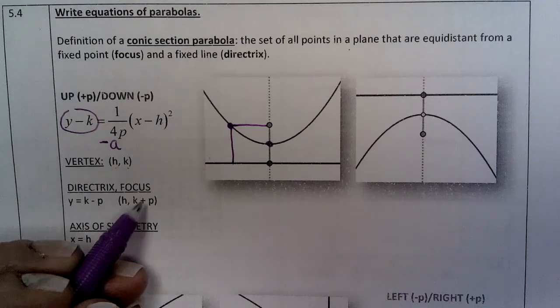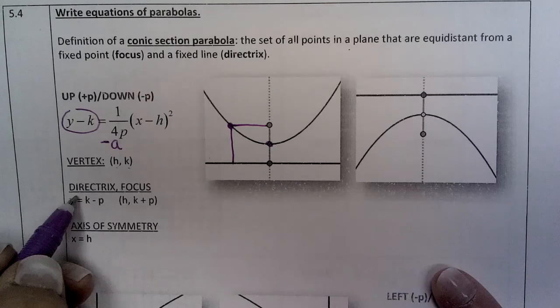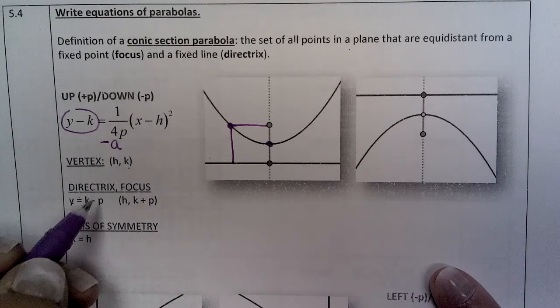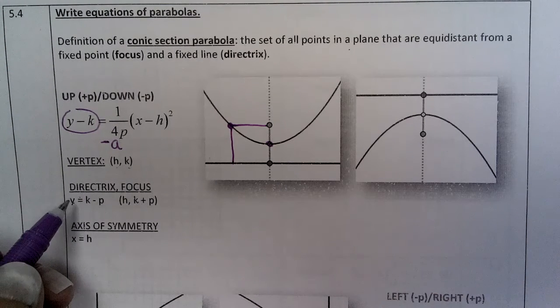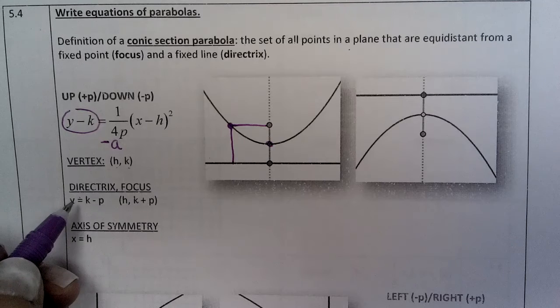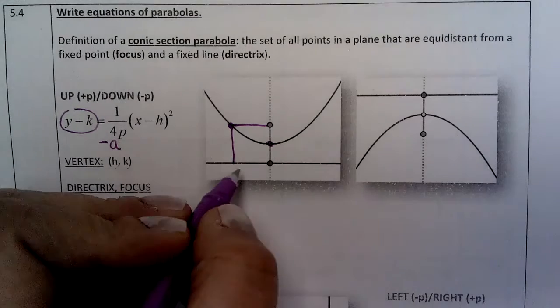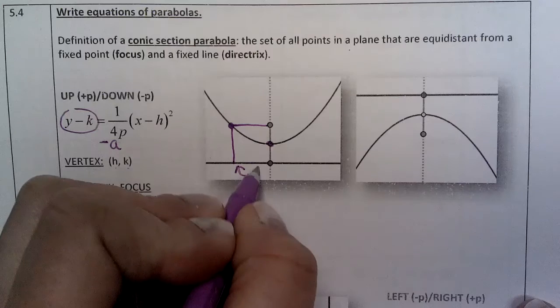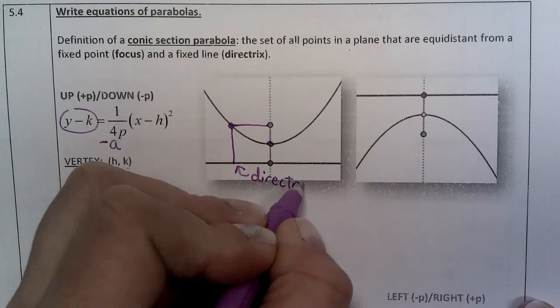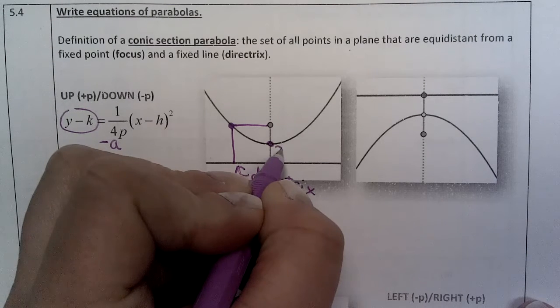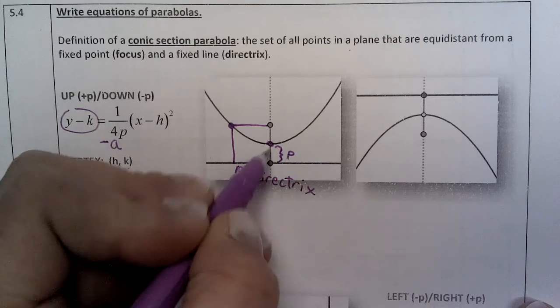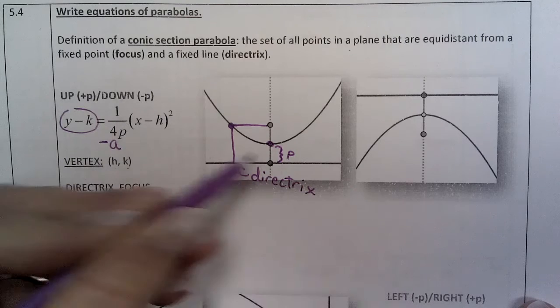Okay, then we have our directrix and our focus. I don't ever use these formulas, but you can memorize them. I'm going to show you how I do this when we start working the problems. But the directrix is this line right here, and it's always p distance behind the parabola.